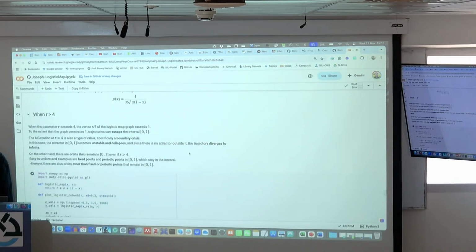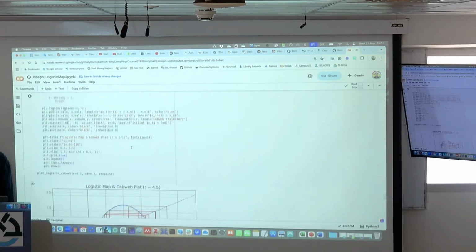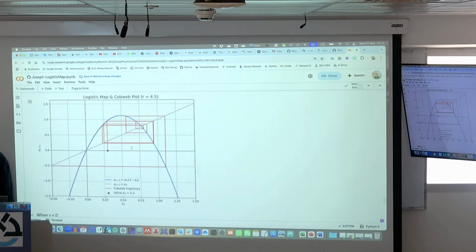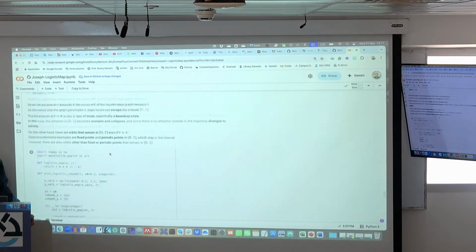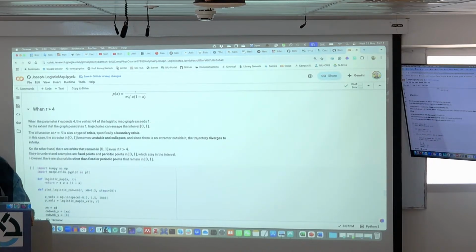When r is bigger than 4, you can see values from 0 to 1, you set it, and x_n will go to infinity. So there will never be a stable point. That's what we need to know.